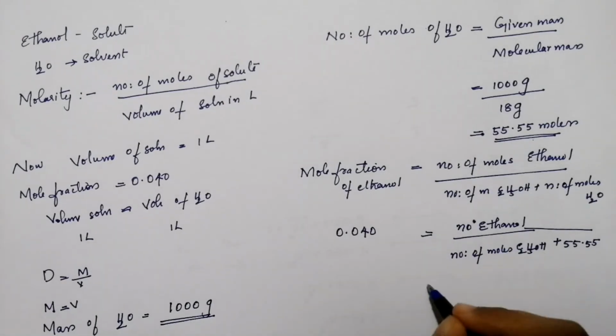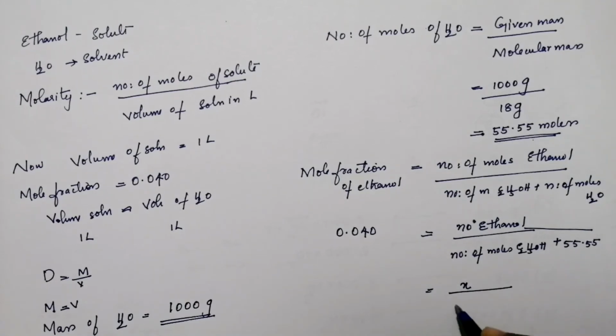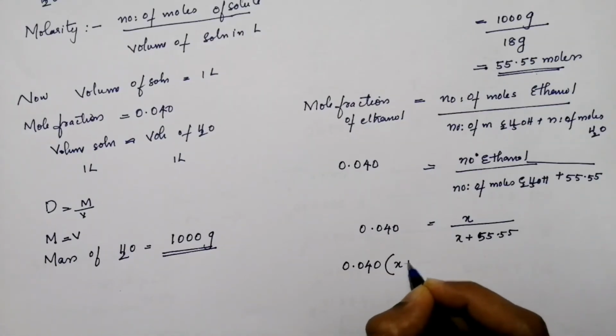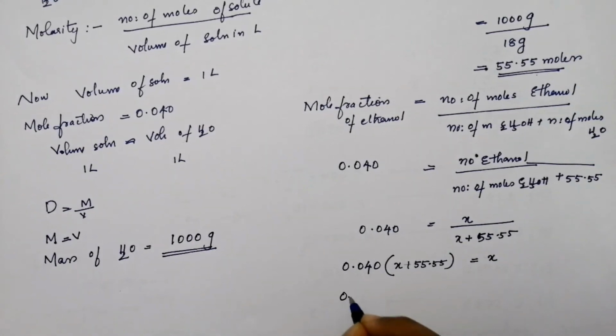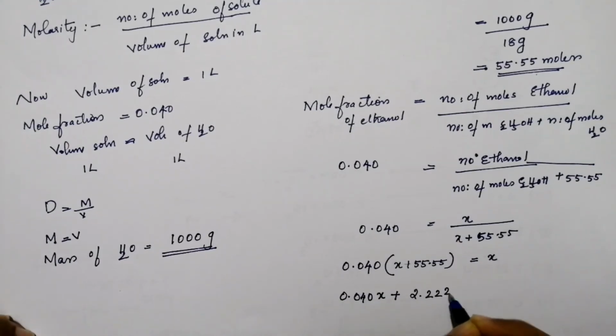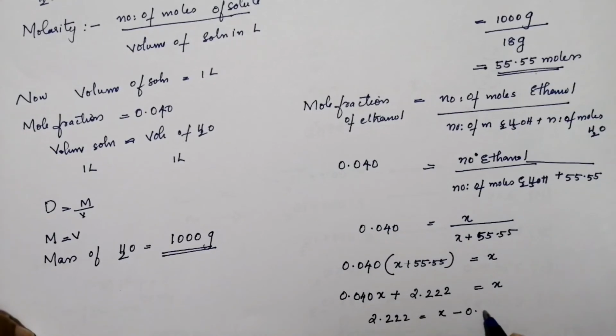So now for ease, let me put X as the number of moles of ethanol. So I can rewrite this equation in this way. 0.040. Let me just cross multiply. So we get 0.040 into X plus 55.55 is equal to X. We can write it as 0.040X plus 2.222 is equal to X. Now I bring this value over this side, and we get 2.222 is equal to X minus 0.040X.